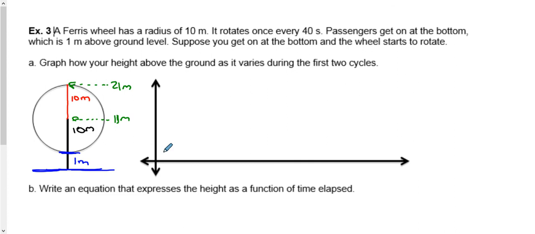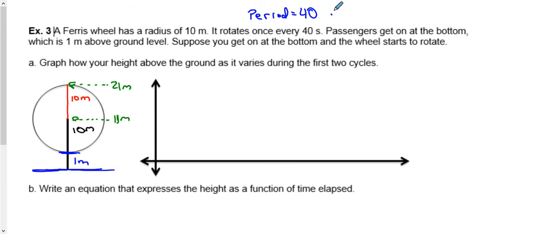Okay, so you know there should be a gap between 0 and 1 because you get on at 1. It's going to be halfway at 11 and reach its peak at 21. You also know in this question here, it rotates every 40 seconds, and that's key, every 40 seconds. Every 40 seconds, that's your period, equals 40 seconds.